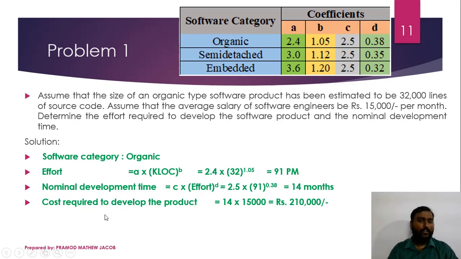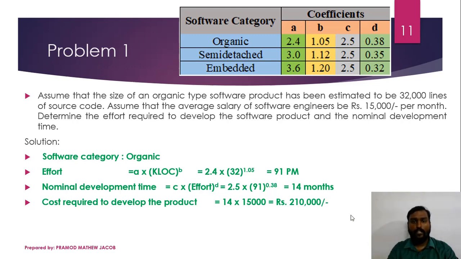So to find the cost required to develop the product, we require 14 months to finish the project. The average salary of all the software engineers in a software industry is 15,000 per month. So it is a direct calculation, 14 into 15,000, that is 2,10,000. If you want to find out how many persons are required to develop this software, it is very easy.